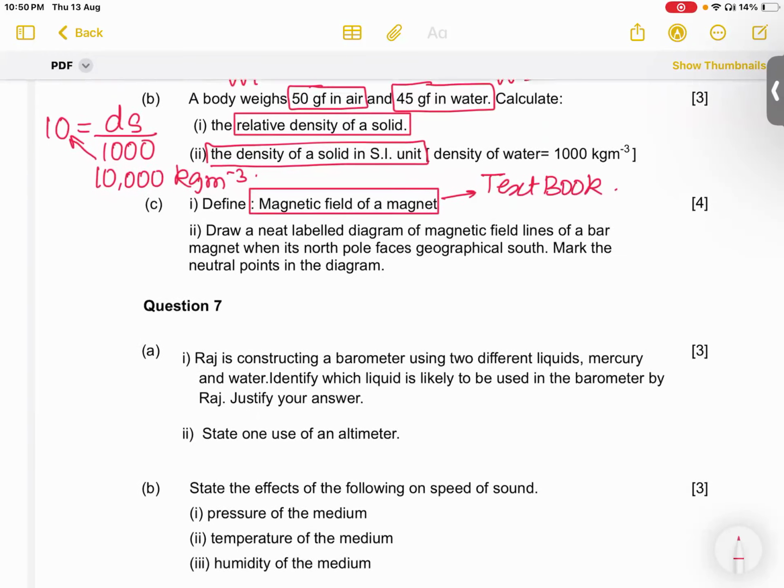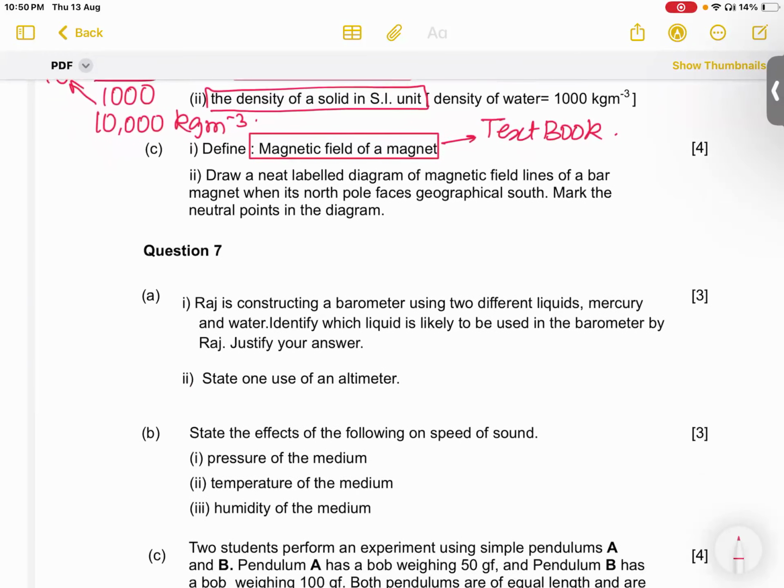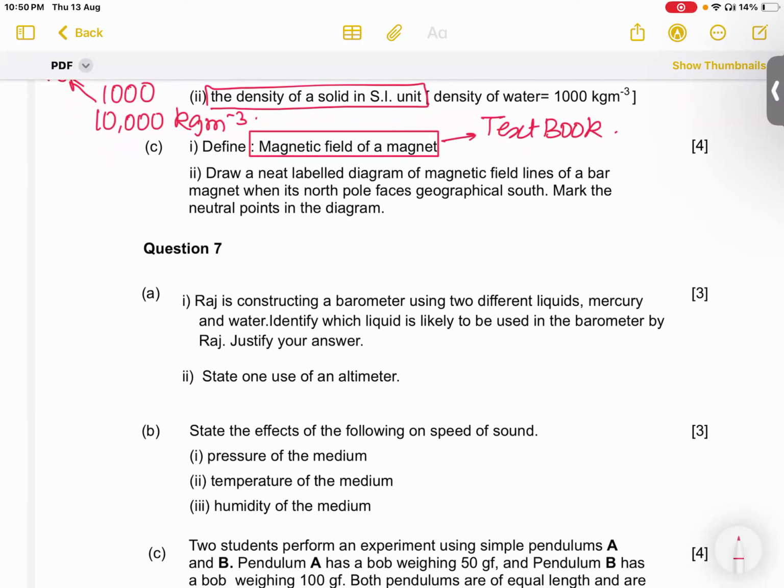Draw a neat labelled diagram of a magnetic field line of a bar magnet when its north pole faces geographical south. Okay, guys, again for this, I would suggest you please refer to the textbook well. North facing south it is. So when north is going to face south, I'm supposed to find out its neutral point. You remember how we were trying to mark the neutral points, guys?